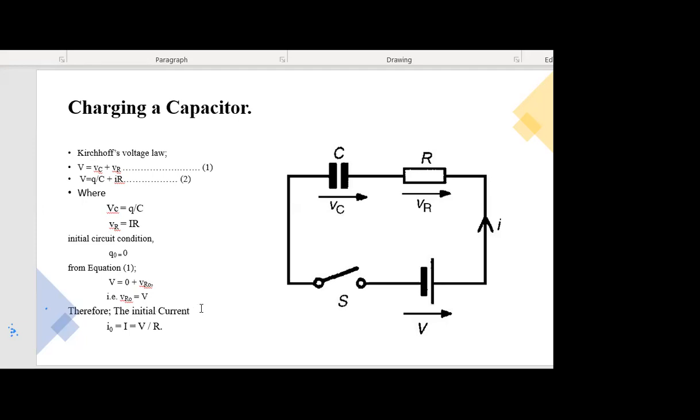So the initial current I naught will be equal to V over R.